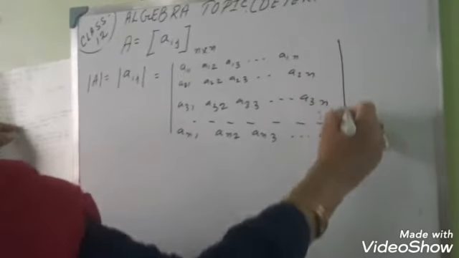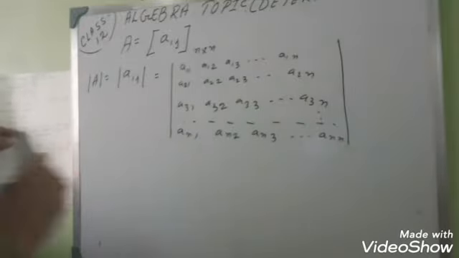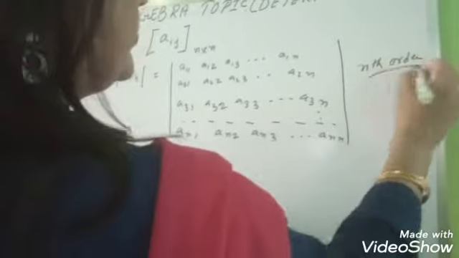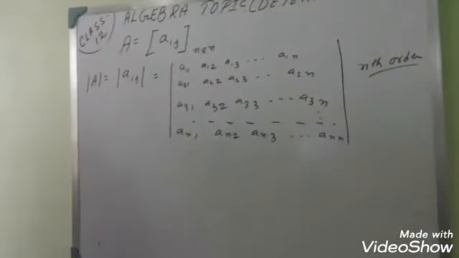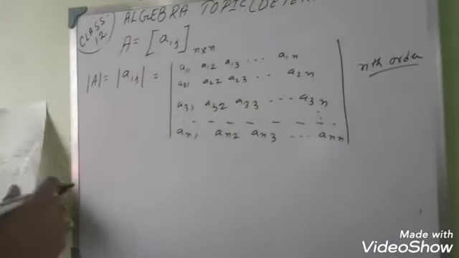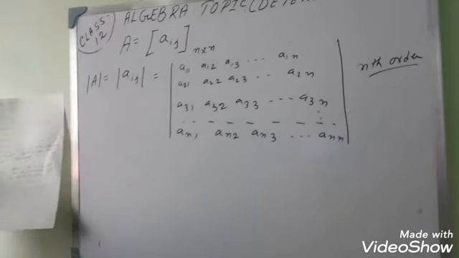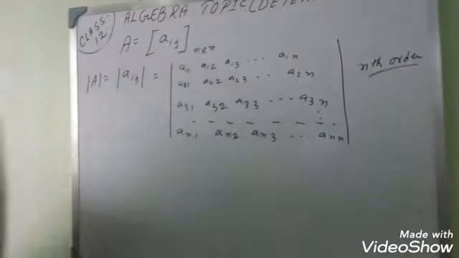So this is the nth order determinant. This also can be written in this way. So what can we say now? We can say the determinant is an expression which is associated with a square matrix of order n by n, which can be written in this way.